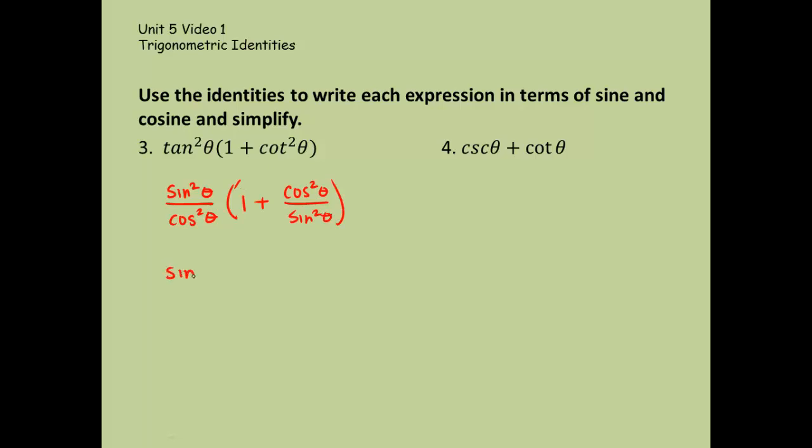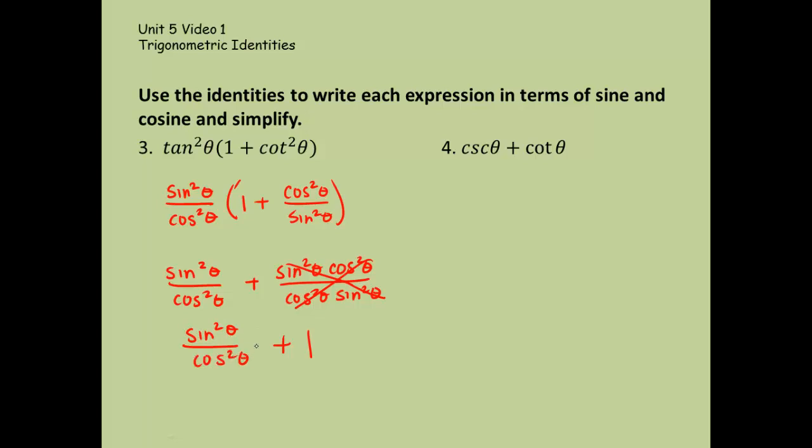That will give me sine squared of theta over cosine squared of theta plus sine squared of theta cosine squared of theta over cosine squared of theta times sine squared of theta. But the second fraction actually simplifies and cancels out, and I'm left with plus 1. It doesn't disappear completely, it reduces to 1. So my final answer in terms of sine and cosine is sine squared of theta over cosine squared of theta plus 1.